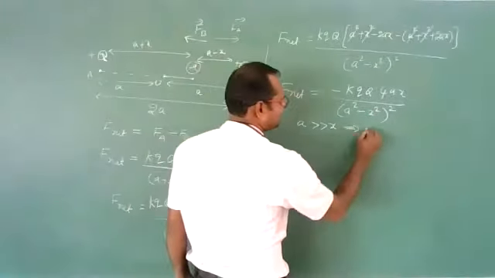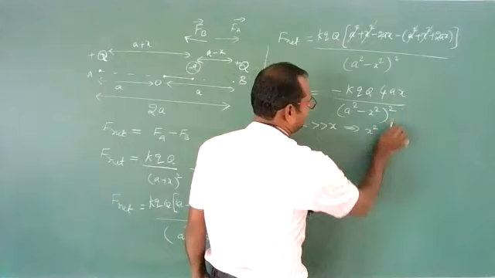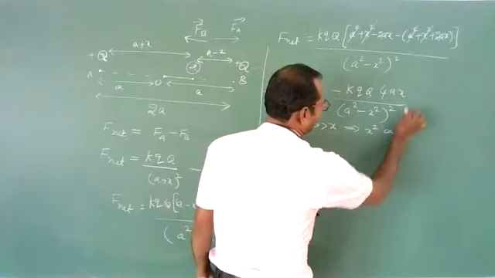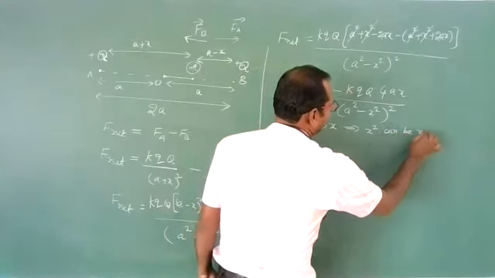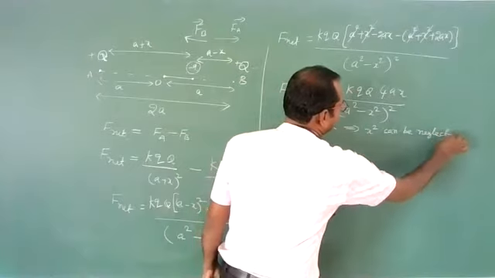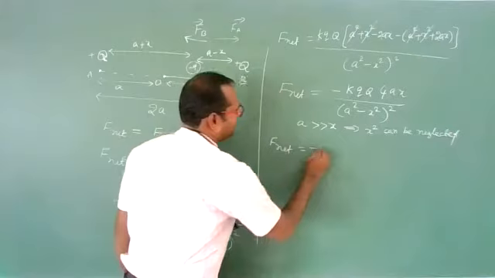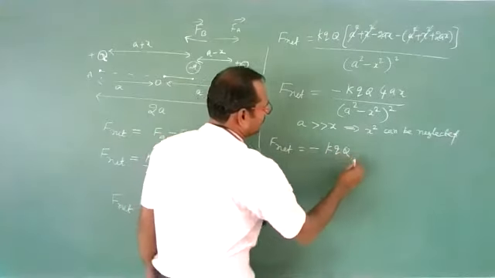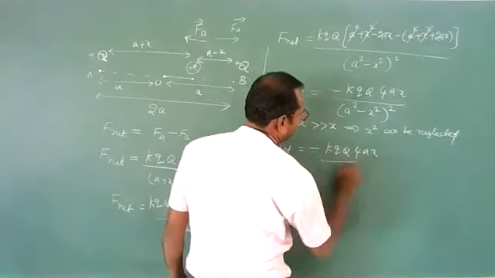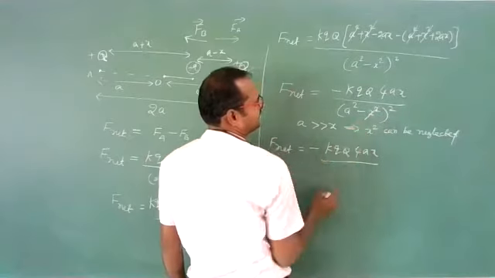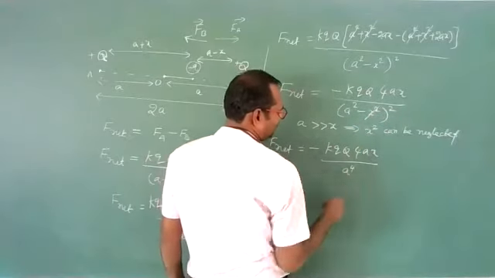That implies x square can be neglected. So you'll get F net is equal to minus kQ 4ax divided by, with this neglected, a power 4.